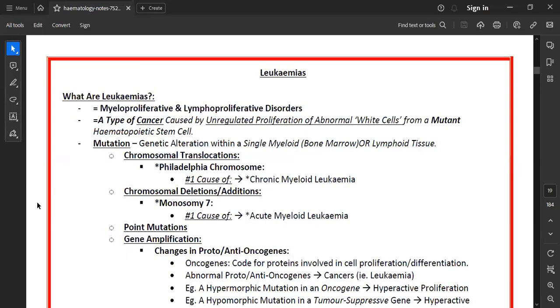We just go to leukemias. For leukemias, let me try to use Orata's notes.